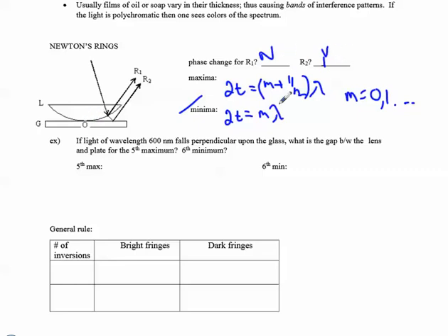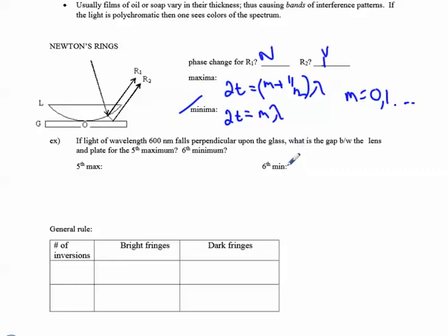Because of the inversion, the path difference is 0, and 0 corresponds to an integer, and that corresponds to a minimum. So what we'd expect to see is dark, bright, and so on and so forth as the gap gets greater and greater. This will allow us then to work out when the 5th maximum and 6th minimum occur.